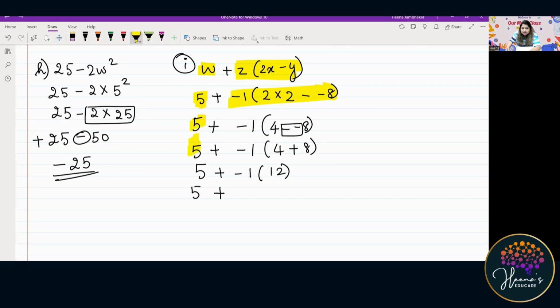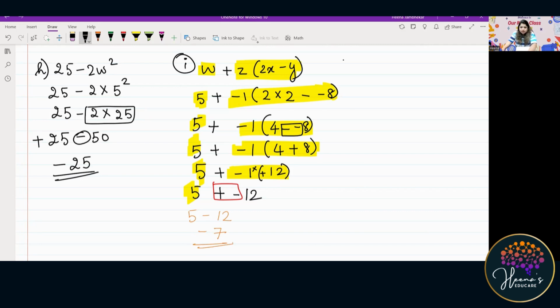I'm keeping the 5 as is. And this is the term that we are solving to avoid any form of confusion. Now minus 1 into 12. 12 into 1 gives you a 12. And minus into plus, what will it give you? Minus. Now consecutive signs. 5 minus 12. Your answer is minus 7.